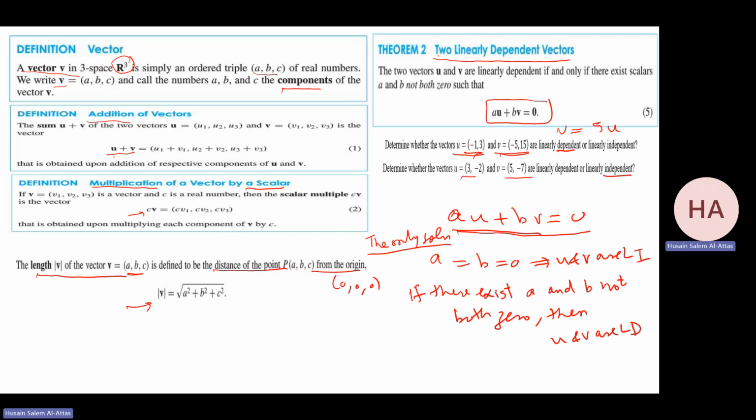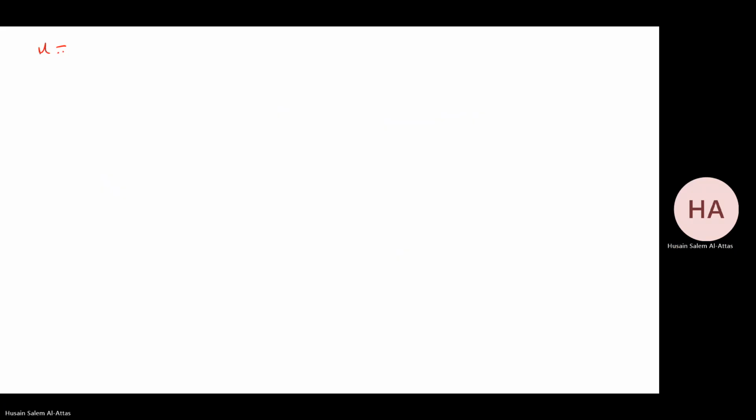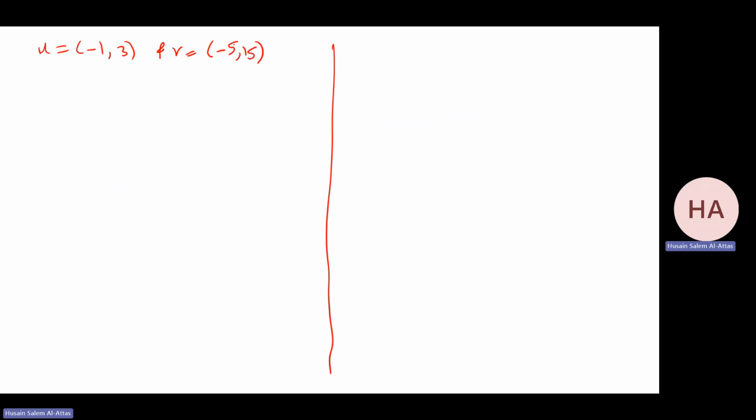I have u is (-1, 3) and v is (-5, 15). So I want to solve this system. I have Au plus Bv equals 0, so A(-1, 3) plus B(-5, 15) is equal to 0, which means (0, 0) since I am in R2.